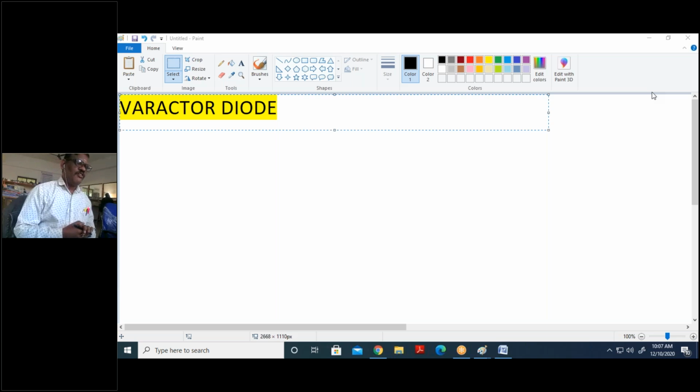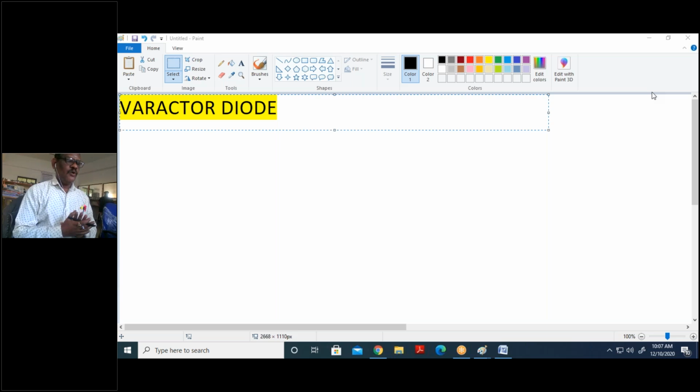The Varactor diode, also known as VVC, nothing but voltage variable capacitance. In other words, the Varactor diode is a semiconductor, voltage dependent, variable capacitance.